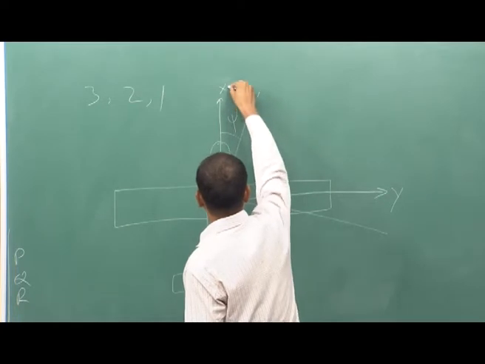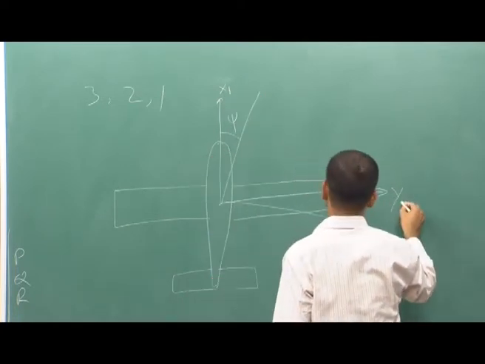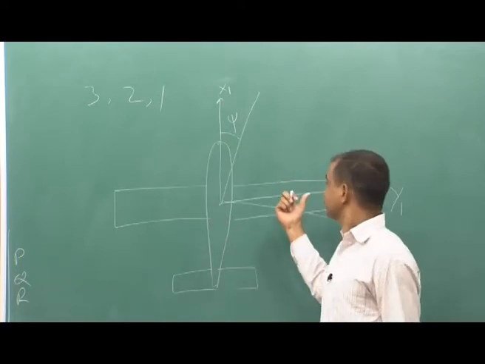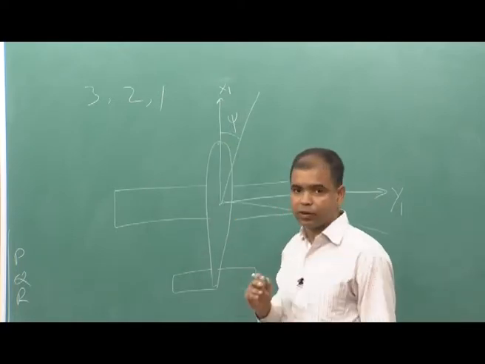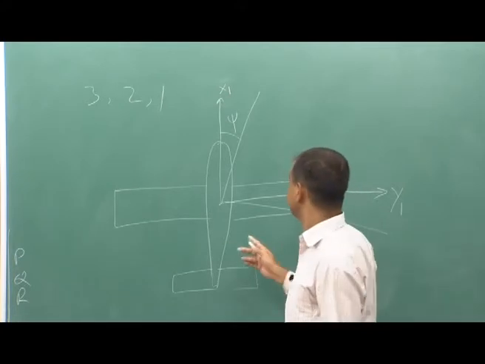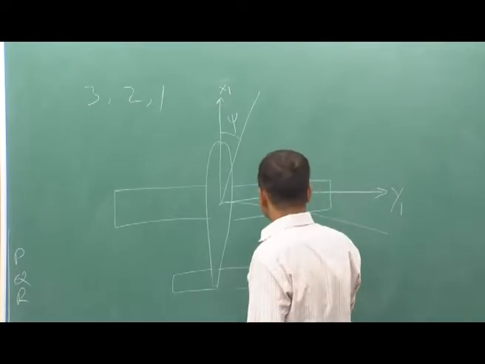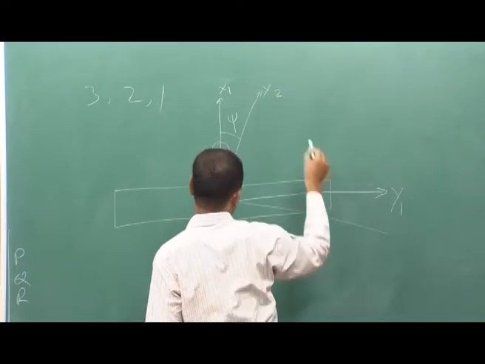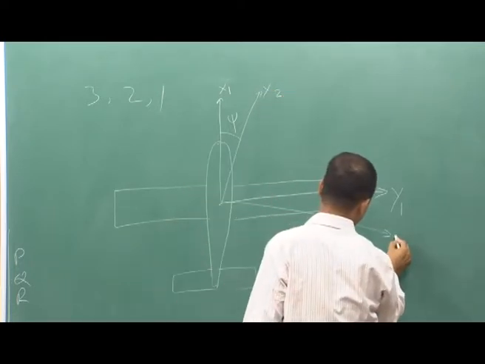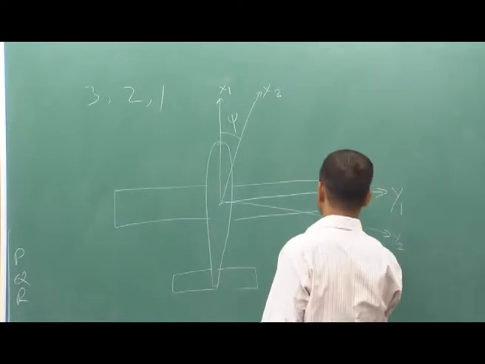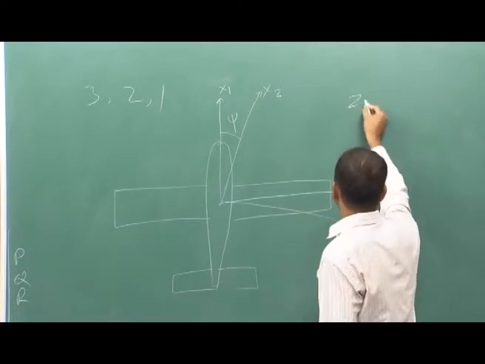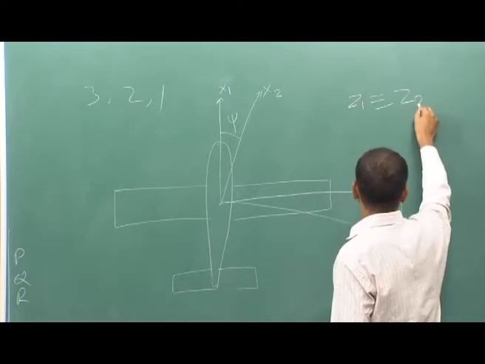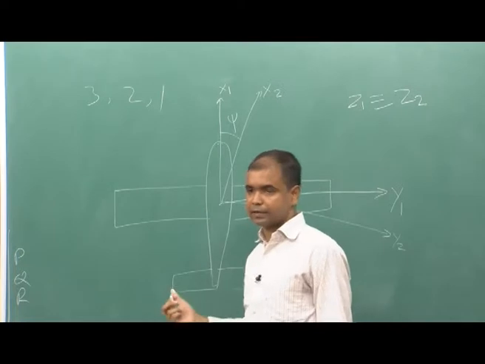Initially we were in the inertial frame, and suppose this was our x1 and this is y1, we are representing the inertial frame with x1 and y1, and finally we are trying to come into the body frame, that will be our x, y and z. In the intermediate we have this frame called x2 and y2, and for this rotation z will remain common, z1 is equivalent to z2, because we are rotating about this z axis only.